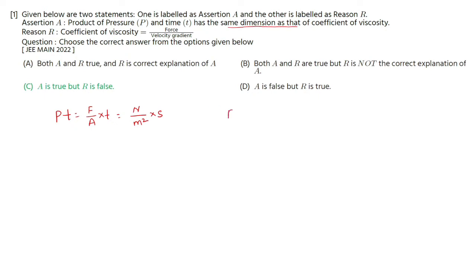So here viscous force is given by children 6 pi eta r v. So coefficient of viscosity eta will be F divided by 6 pi r into v. So for force unit is Newton, and for r value it is meter, and for v velocity meter per second.